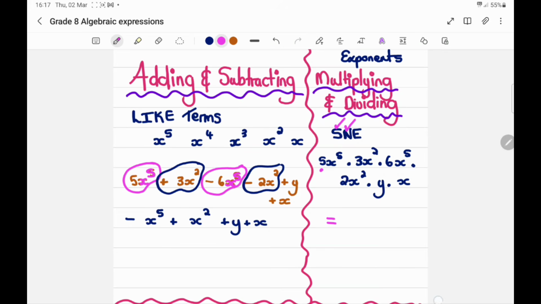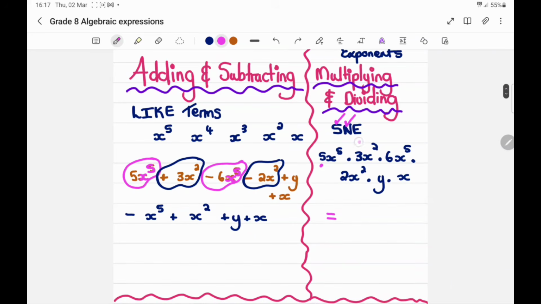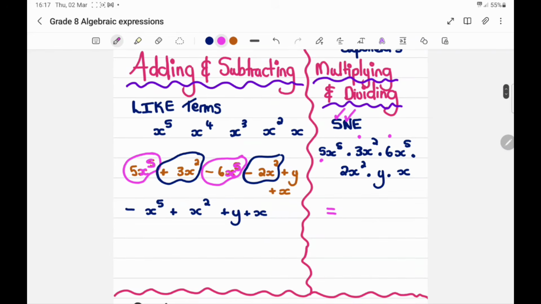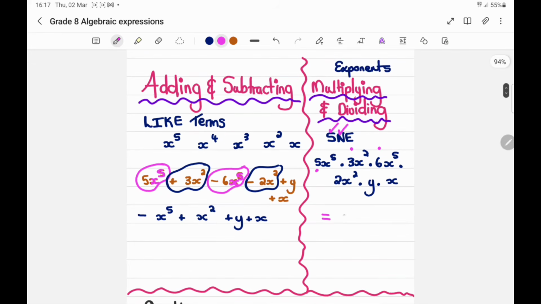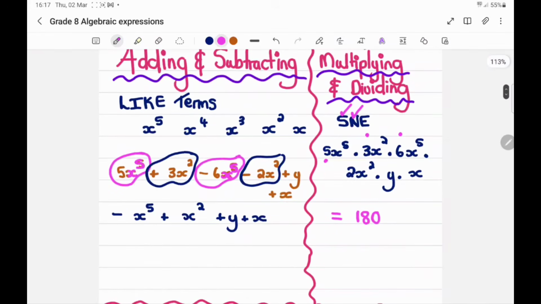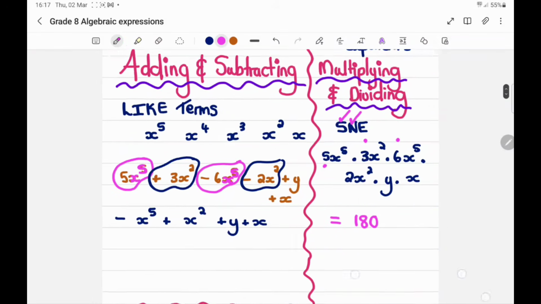So the numbers as normal: 5 times 3 is 15, times 6 is 90, times 2 is 180. I hope I'm correct. I'll check it just now. Then you've got x's and you've got a y.